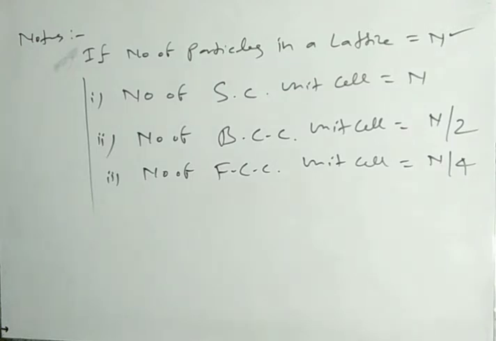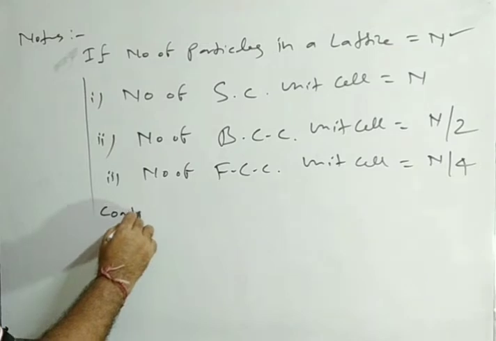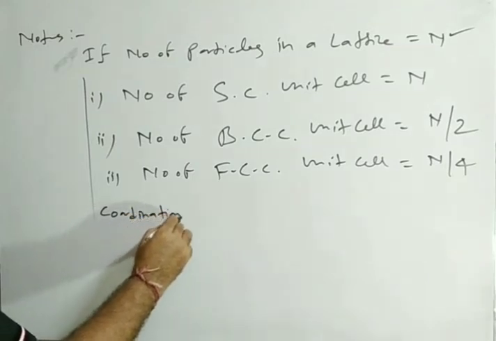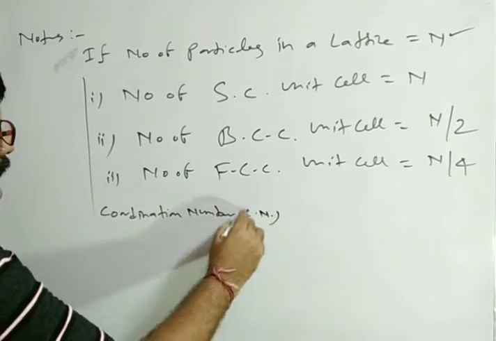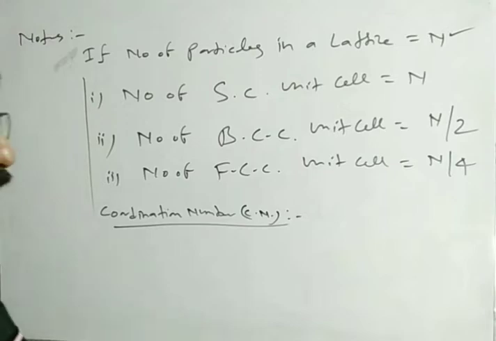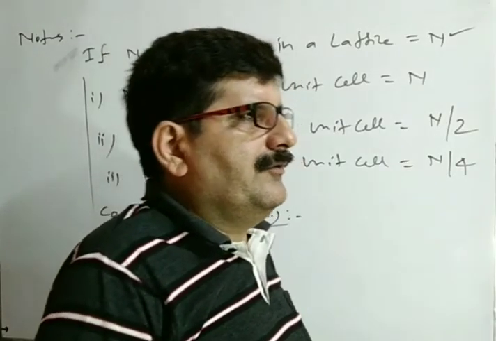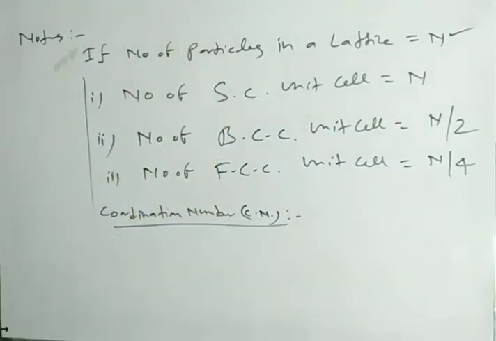Our next term is coordination number. This is a very important term. With the help of coordination number, we can find out the geometry of any crystalline substance.